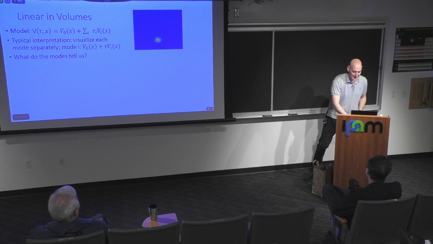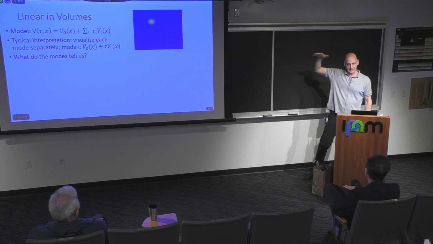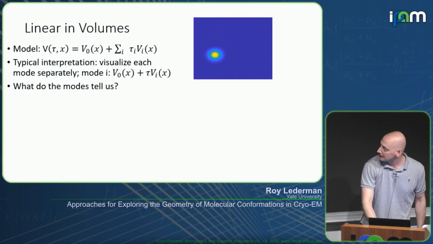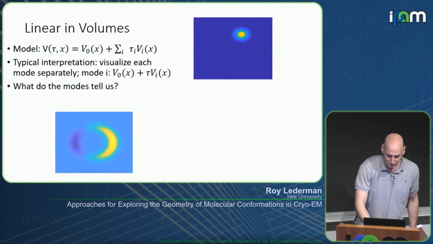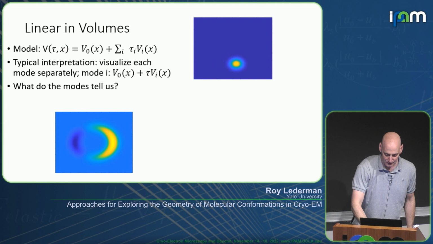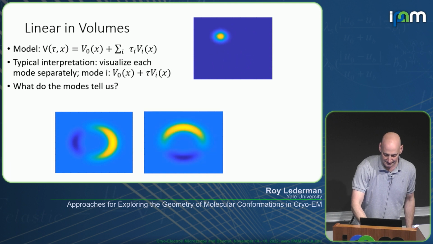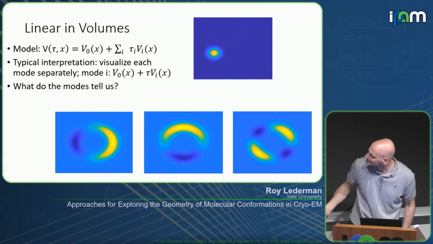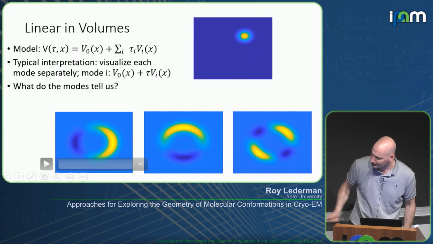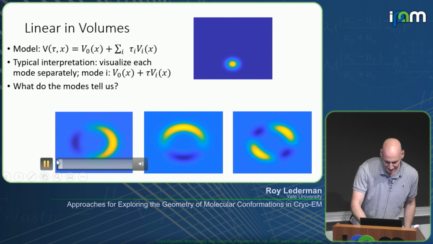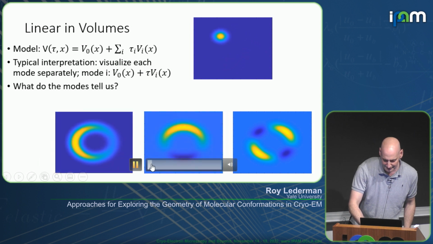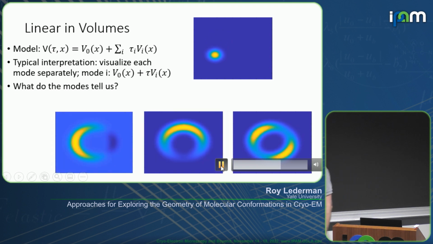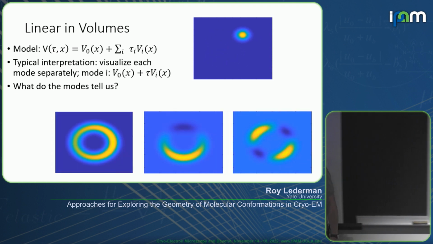Right. If you look at this, you can actually get this analytically, but it's surprising the first time you see it. So here are the principal volumes, and that's if we visualize them this way.